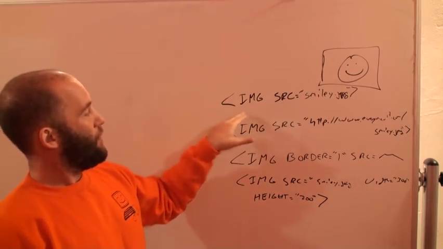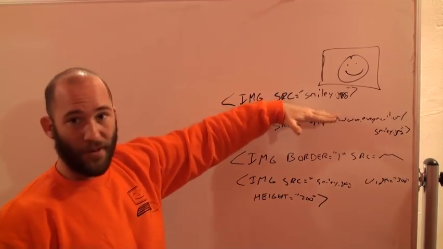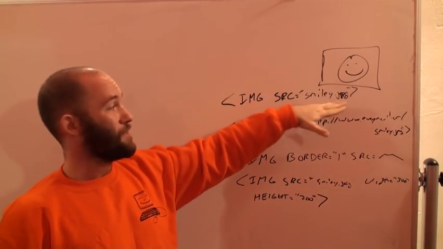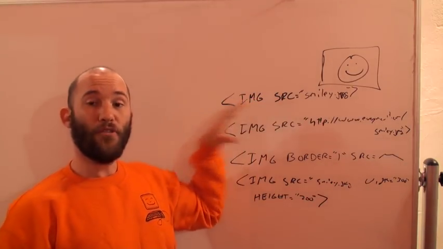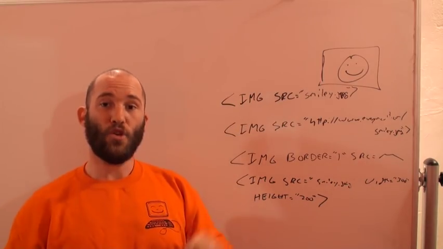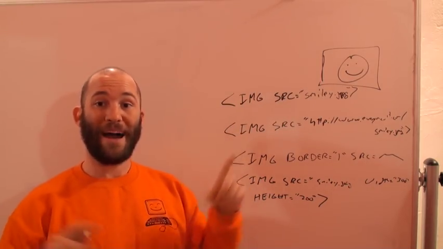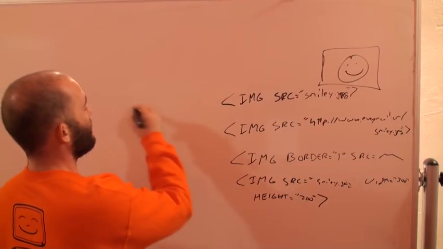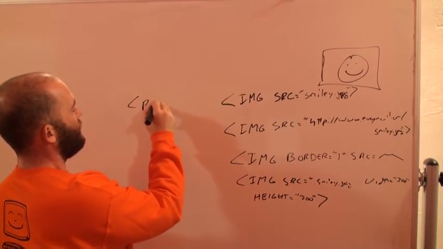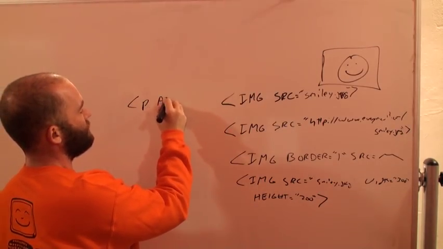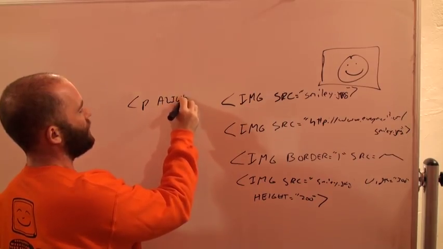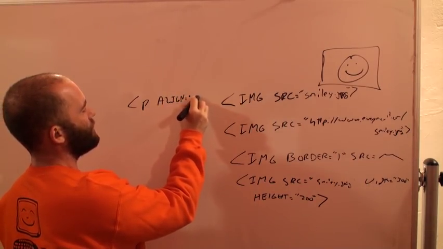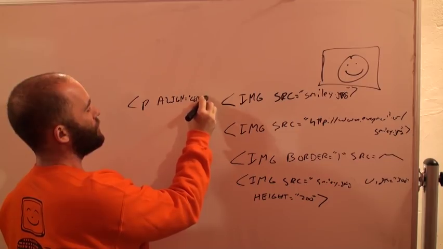So, this is the first line of code, image src equals smiley.jpg. If you want that in the middle of your page, you would surround this by a paragraph tag. So over here, you would do P, and then do align equals center.